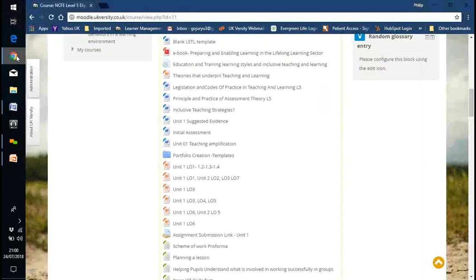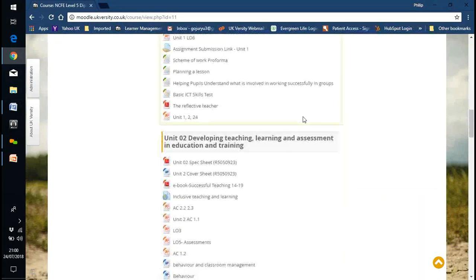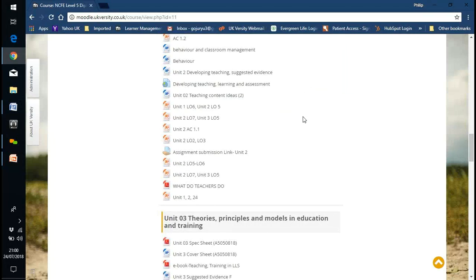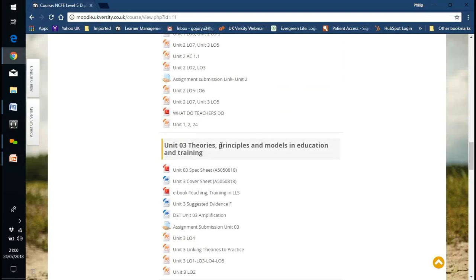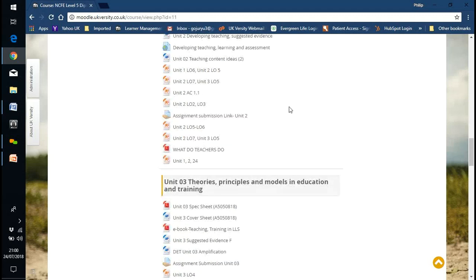If we go to principles and practice of assessment theory, well, that's Unit 1, sorry. What do teachers do? It's got some stuff in there as well for that. Unit 2, 5 and 6.